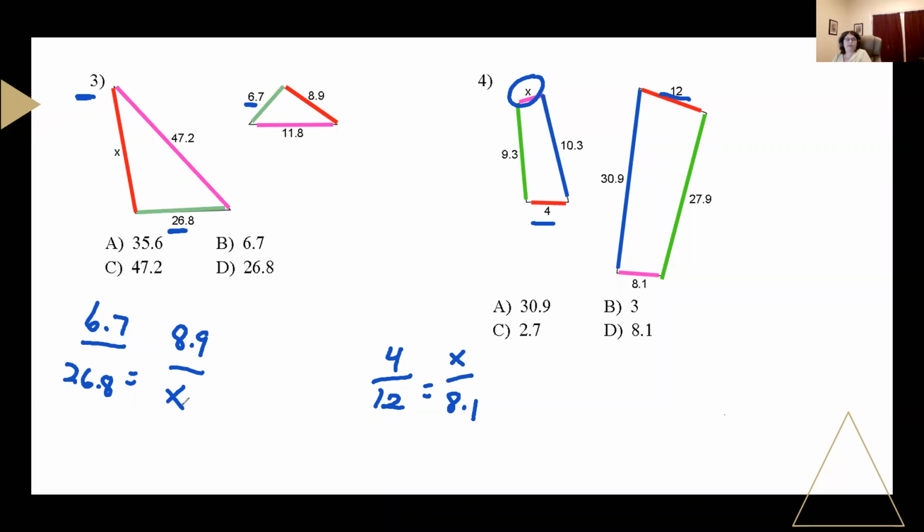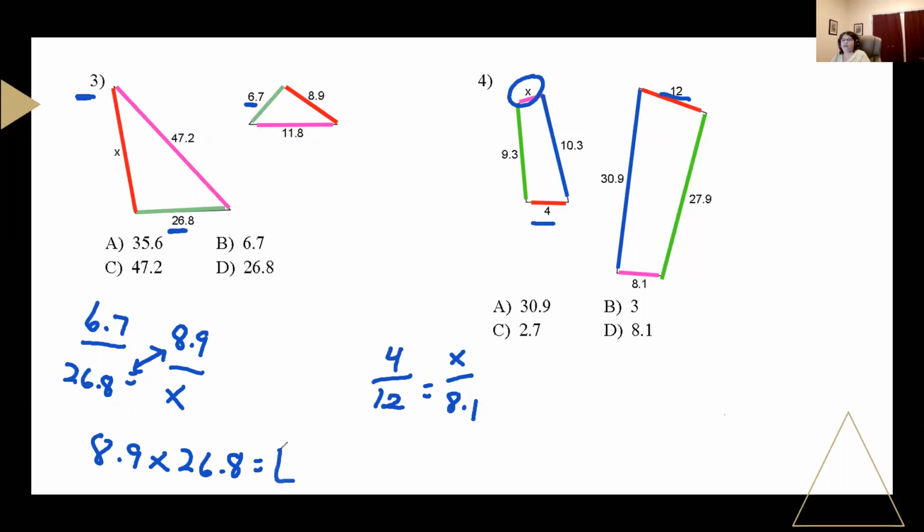And then, do you have a calculator, Monica? Yes. Okay, multiply the ones on the diagonal, which means across from each other. Multiply 8.9 and 26.8. 8.9 times 26.8 and press enter or equal and you'll get an answer.